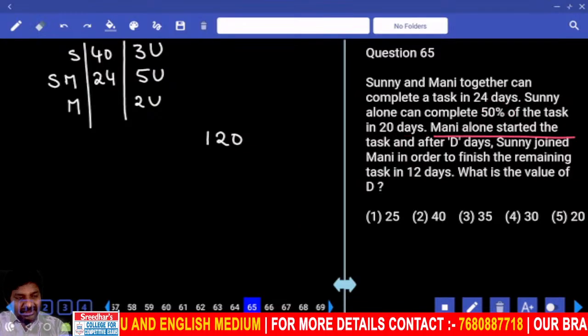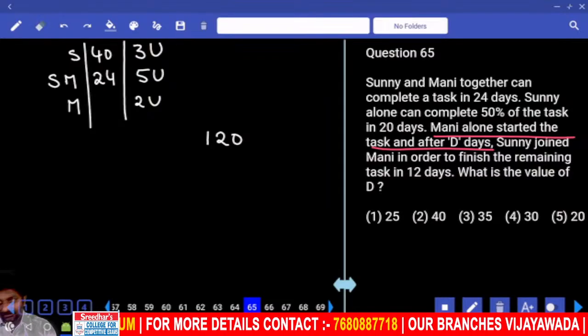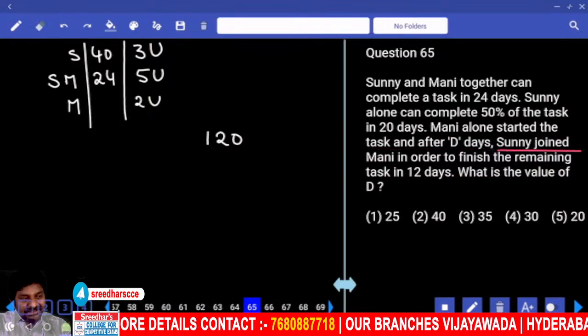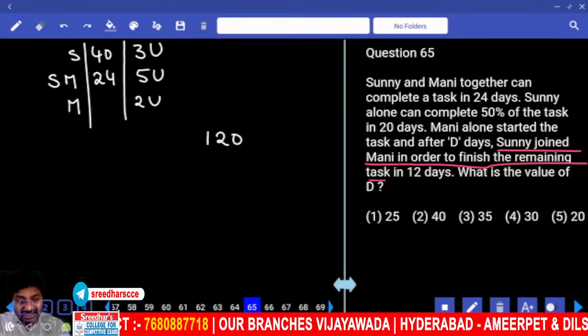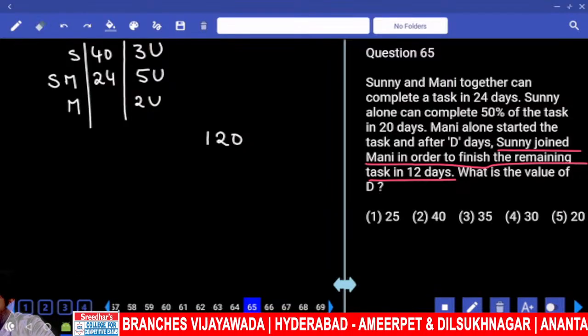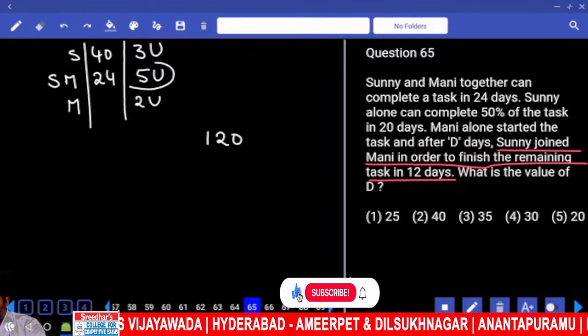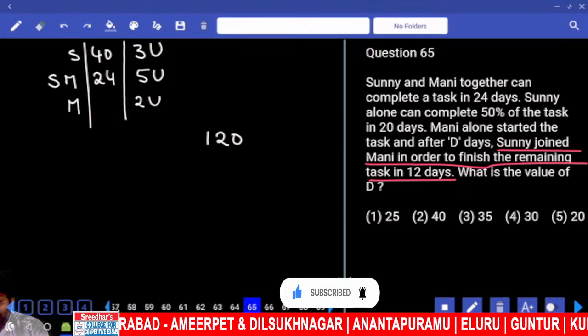Money alone started the task and after D number of days, we don't know how many days he worked alone, Sunny joined Money in order to finish the remaining task in 12 days. So that means both together worked for 12 days. Both together work 5 units per day. In 12 days they will do 60 units.